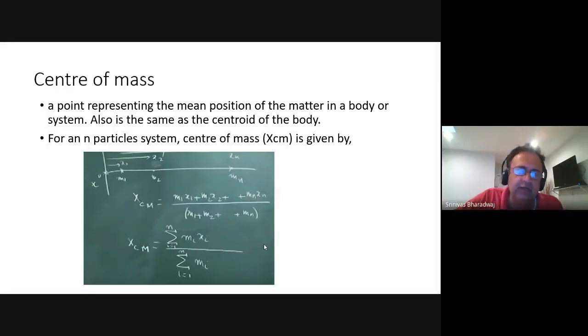Okay, so what is sigma mi xi? The 10 kilo is at 1, so that is 10 times 1, and the 1 kilo has m as 1 and position 10.